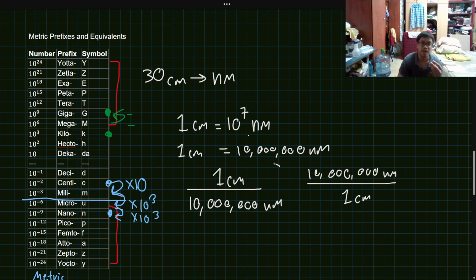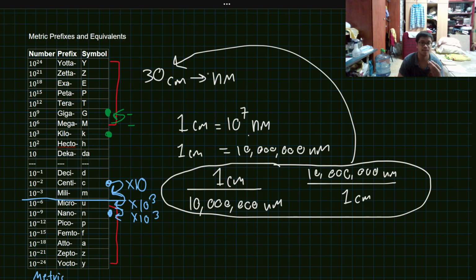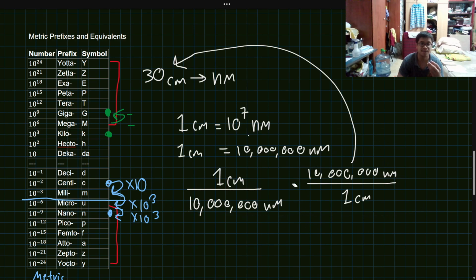Now, which of the fractions here will you use to multiply to 30 centimeters so that the centimeter unit will be cancelled out? So it's the second fraction.